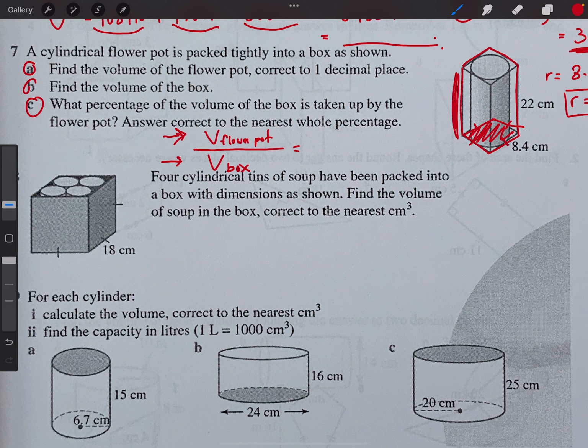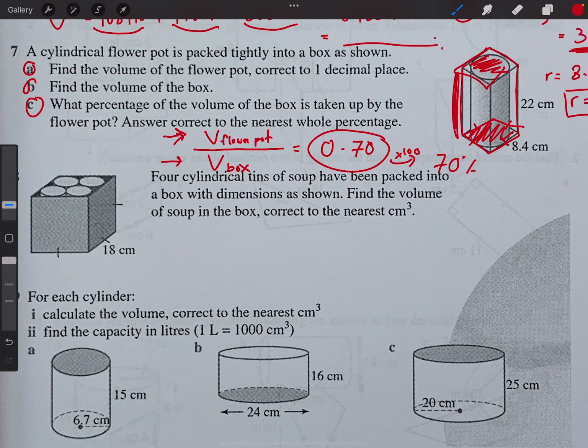You're going to get 0 point something. Let's pretend the answer was 0.3, for example. Actually, it shouldn't be 0.3, maybe 0.70 or something like that. This is a decimal, and to get to a percentage we multiply by 100, so that will be 70%. 70% of the box is taken up by the flower pot, for example.